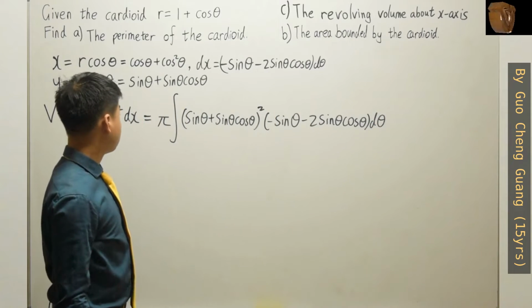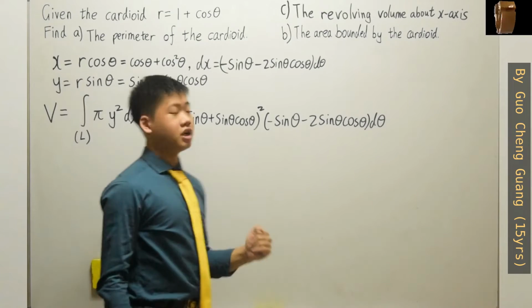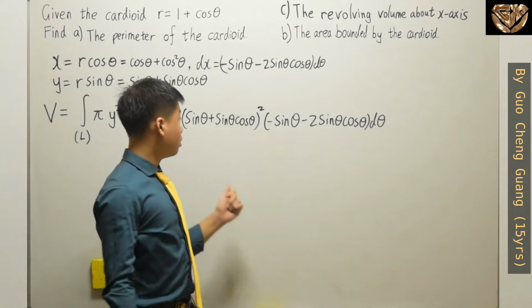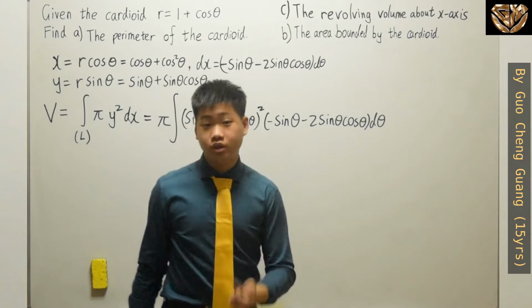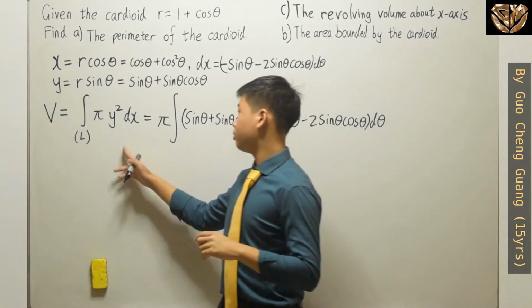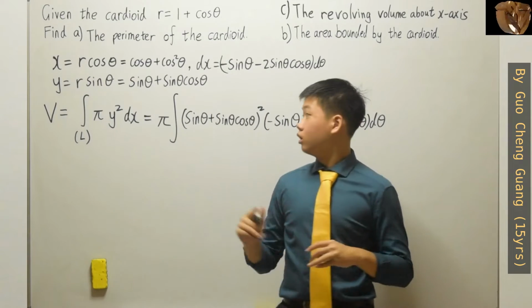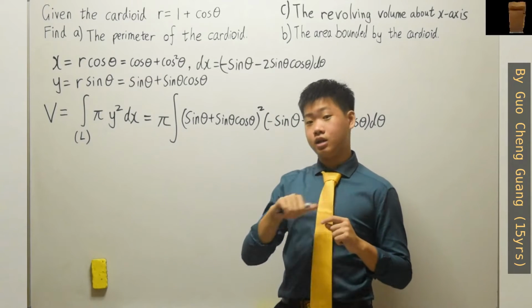But what are the boundaries? Now let's think about it. Originally it is dx. Since originally it was dx, that means this disk by disk is actually in the positive x-axis.